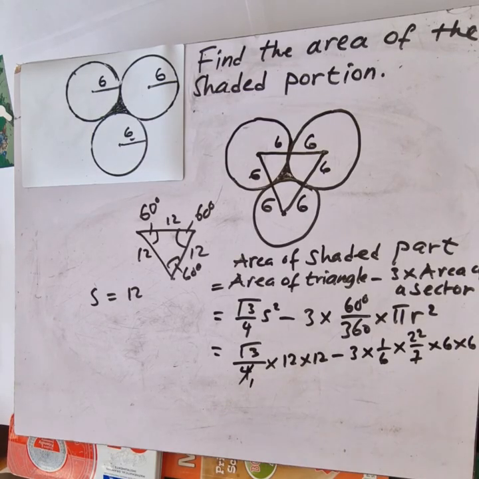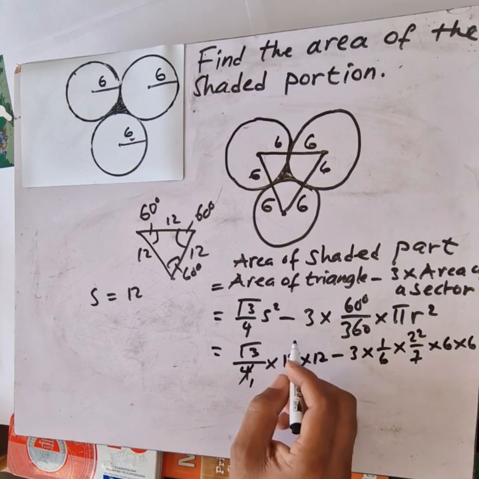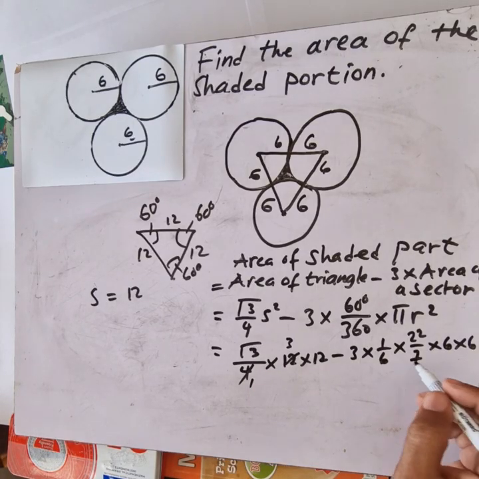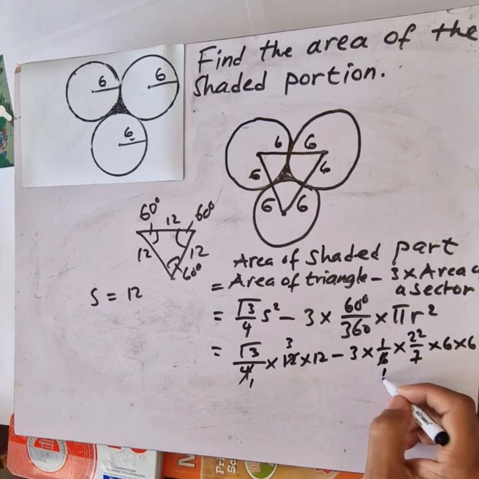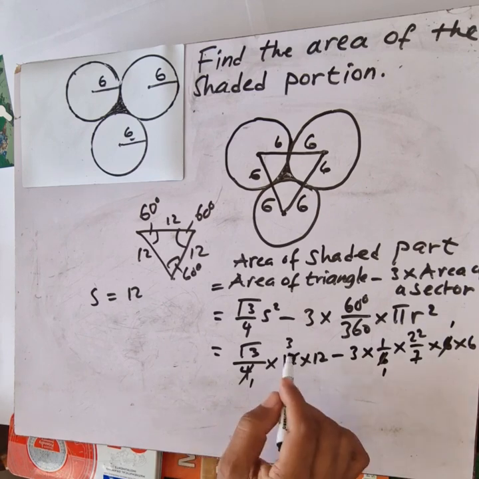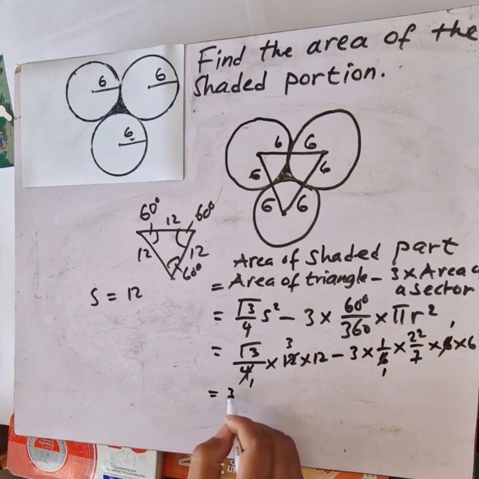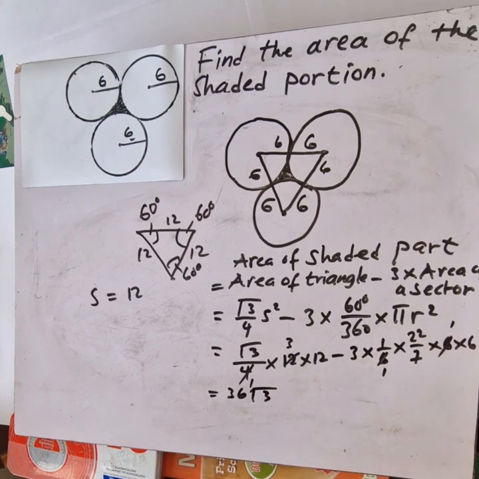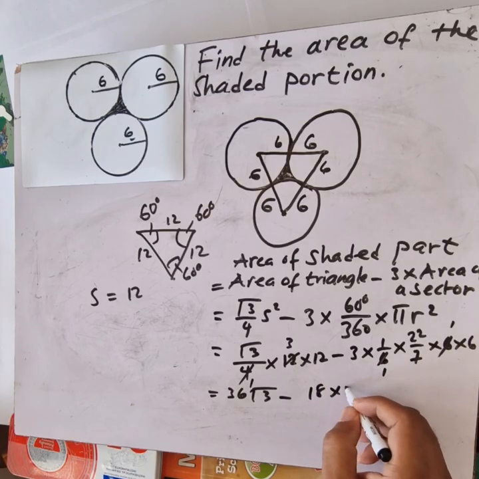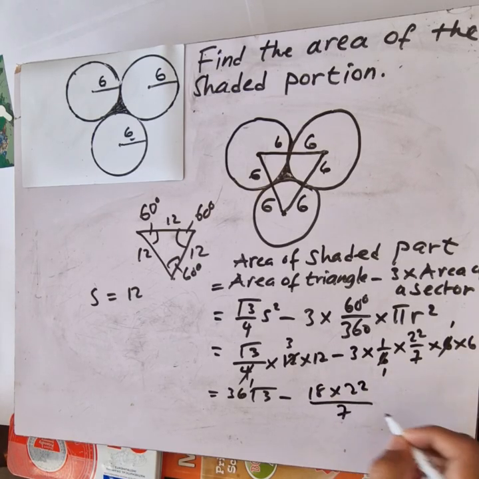So the 4 takes care of the 12 three times, and the 6 divides itself once and divides the other once. So we have 3 times 12, which is 36 root 3, minus 3 times 6, which is 18, times 22 all over 7.